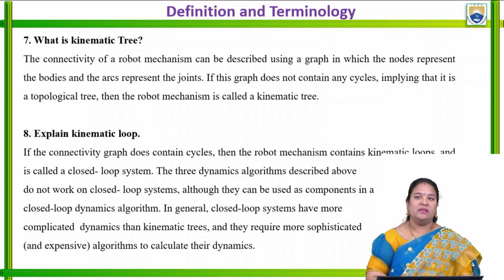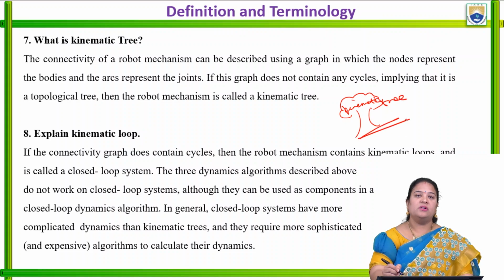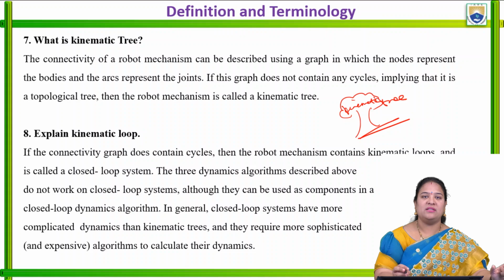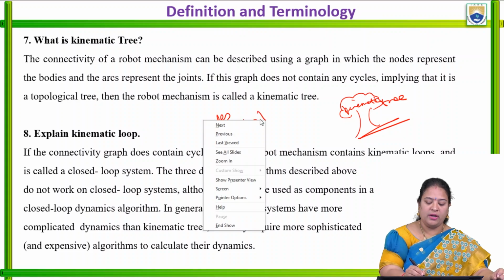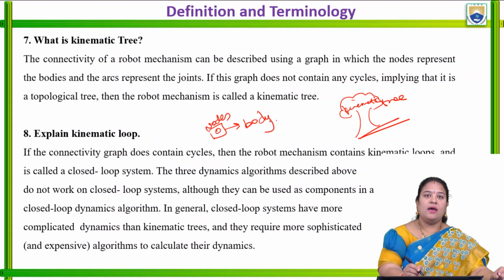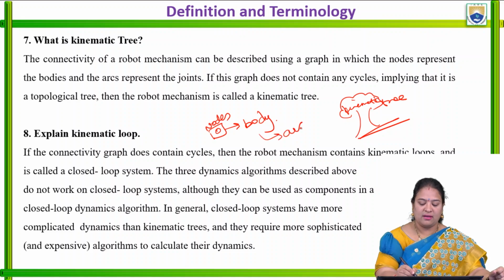Next, what is the kinematic tree? What do we mean by kinematic tree? The connectivity of the robot mechanism can be described using a graph in which the nodes represent the bodies and the arcs represent the joints.